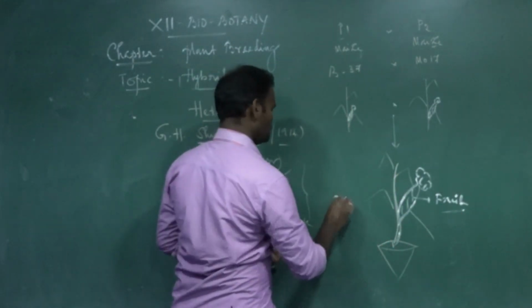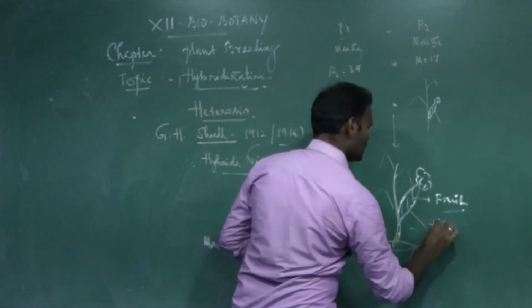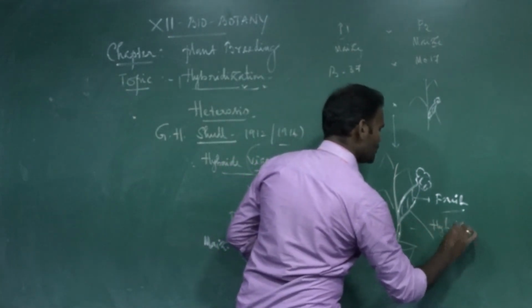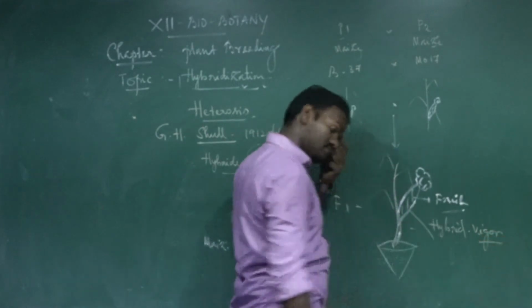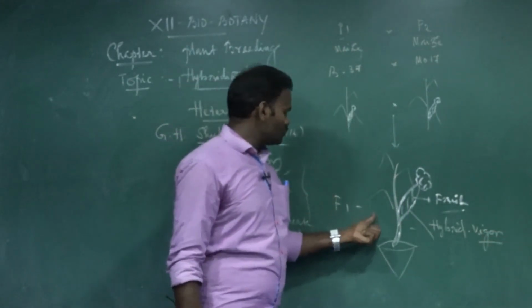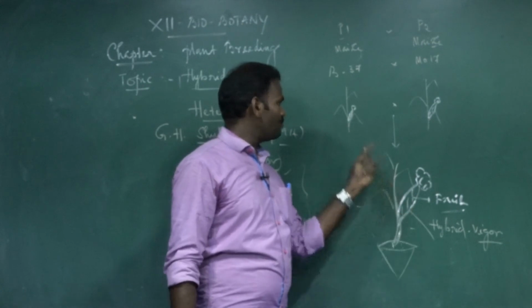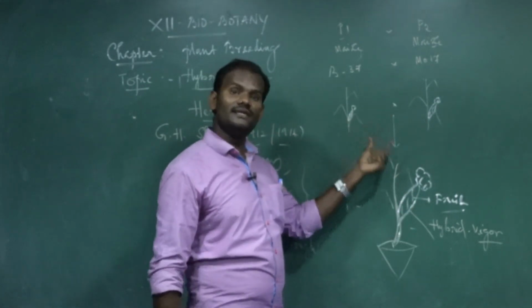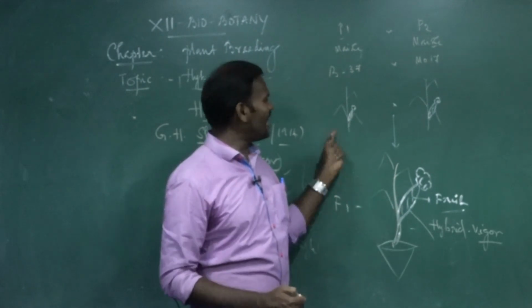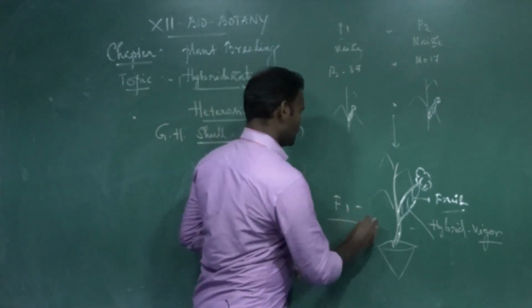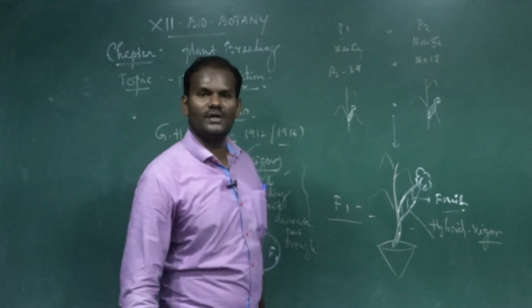So these are the first filial generation, and these are called hybrid vigor. So superiority of the F1 hybrid over its parents in yield, growth rate, resistance, everything, dominant over the parent, is called heterosis, also called hybrid vigor.